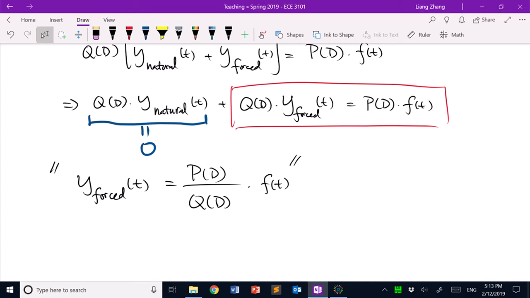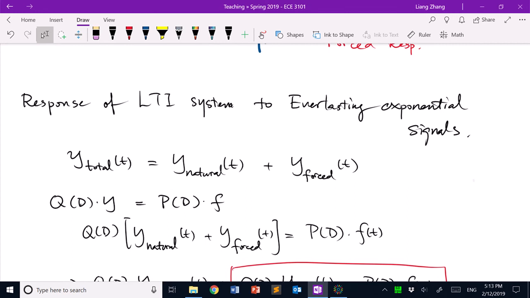Sort of. I put it in quotation marks here because we cannot directly divide by Q(D), it's a differentiation operator. This gives us an idea how to approach this problem. And the way to approach this is the following.